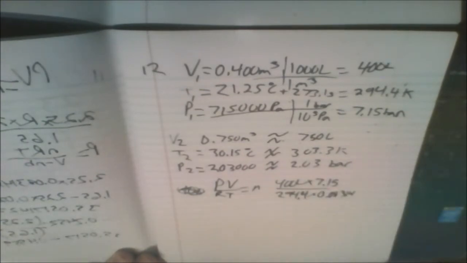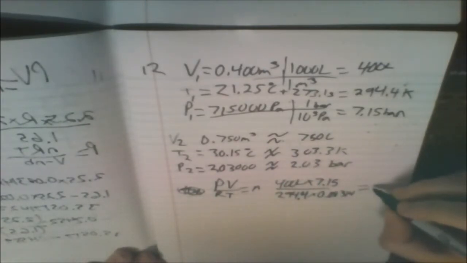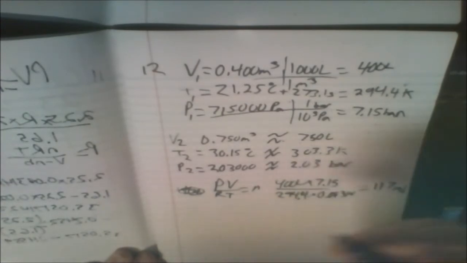Doing that real quick, 400 times 7.15 times 294.4 divided by, well, I'm going to scoop that up, divided by 0.08314. Doing that first calculation, you get, all sig figs considered, 117 moles.